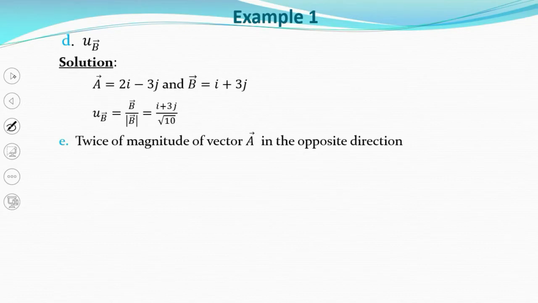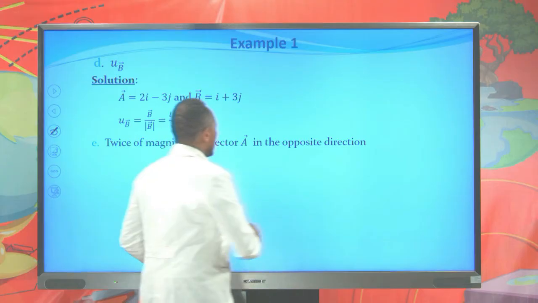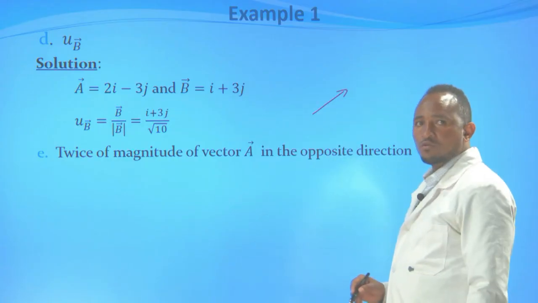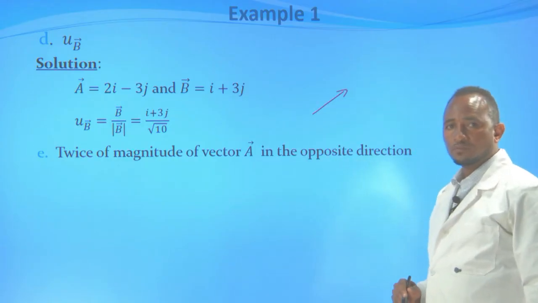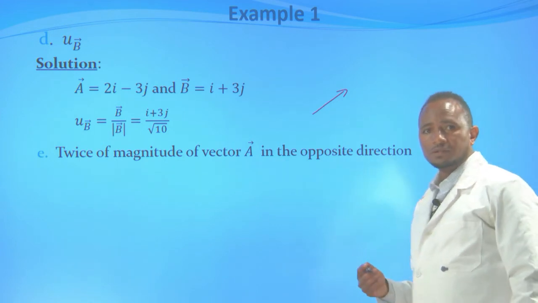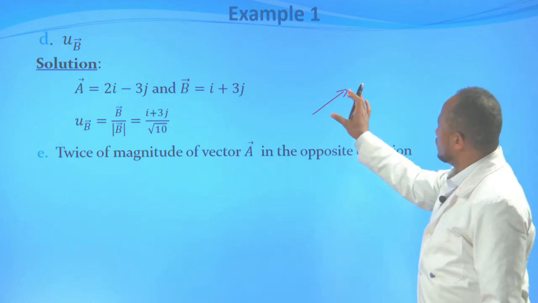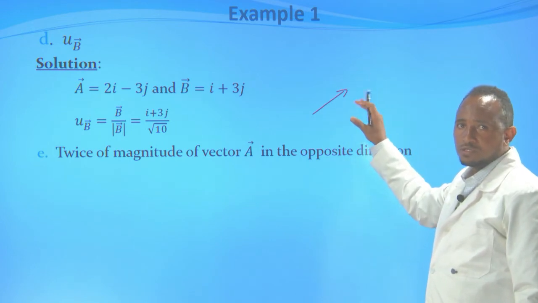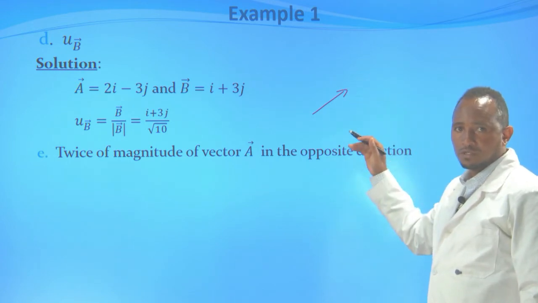Next question, we are asked to find twice the magnitude of vector a in the opposite direction. Let me say something here. If a vector is given here and you multiply this vector by a certain constant, you magnify it, or you increase or decrease the magnitude in the same direction or in the opposite direction.